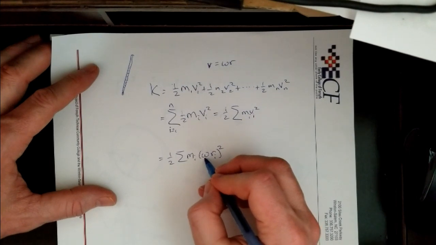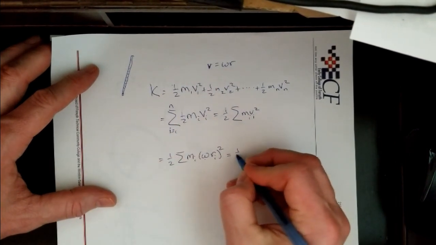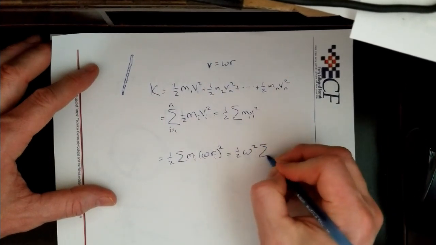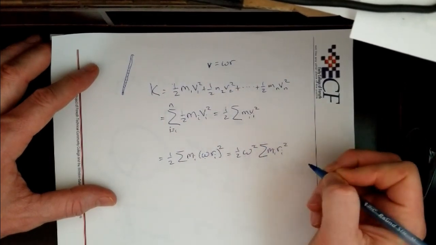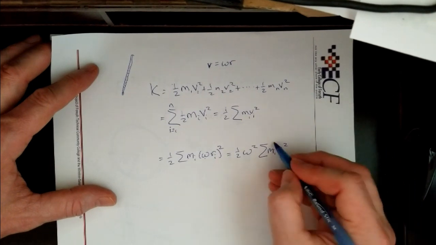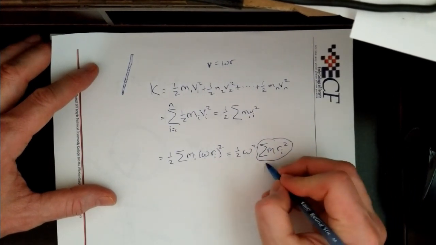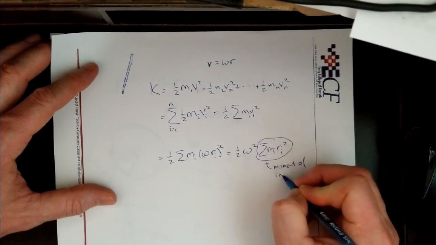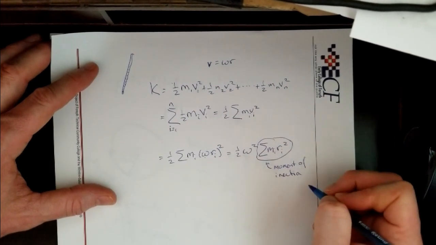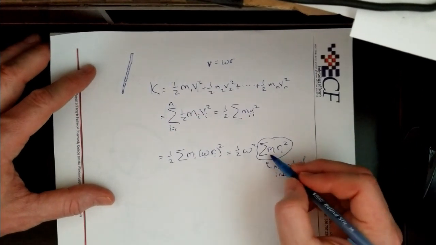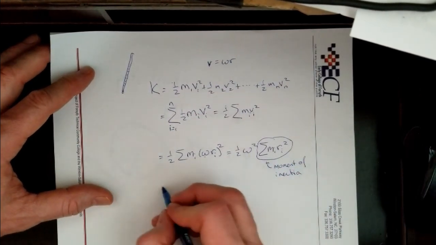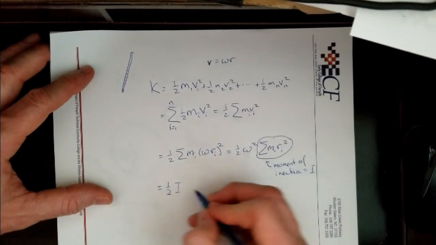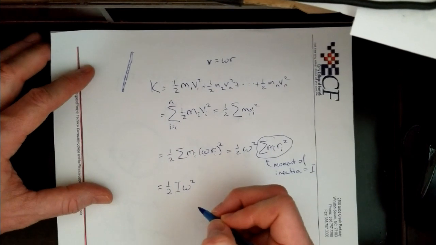So that's a constant, and I could factor that out. I'm left with 1/2 omega squared times the sum of m_i r_i squared. And this right here, that is the moment of inertia. It's just the sum of all the tiny little m_i r_i squared. So this ultimately ends up being 1/2 I omega squared.